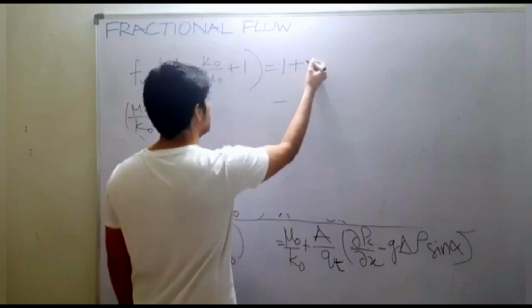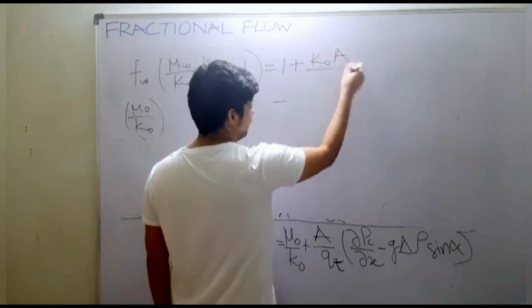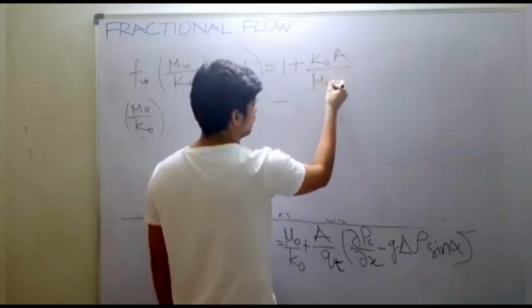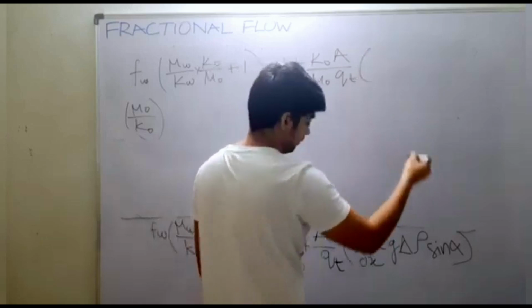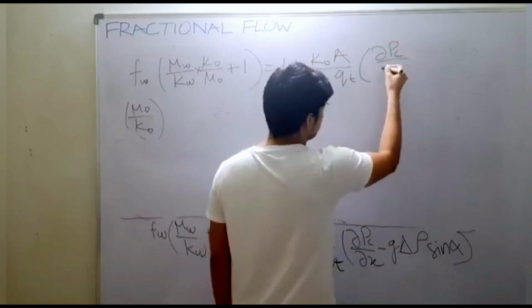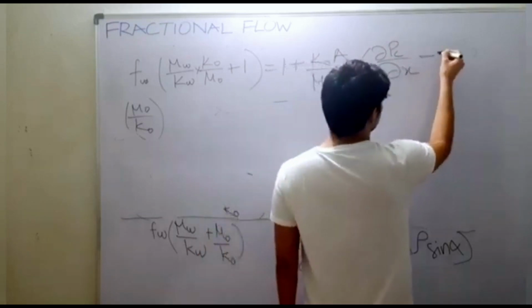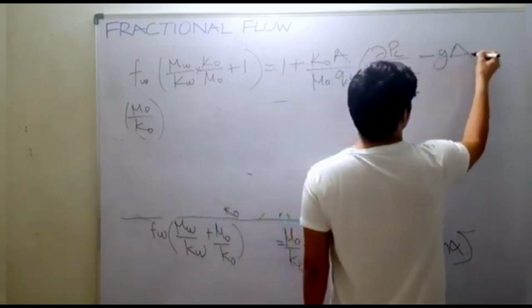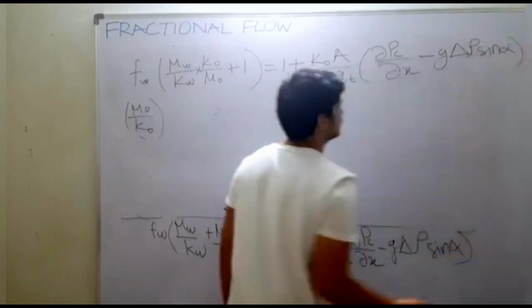So again we will have ko in the numerator, area divided by Qt, and this is what we will have.